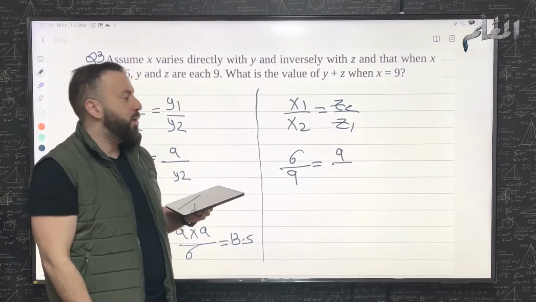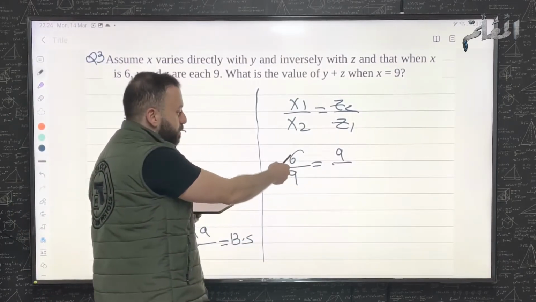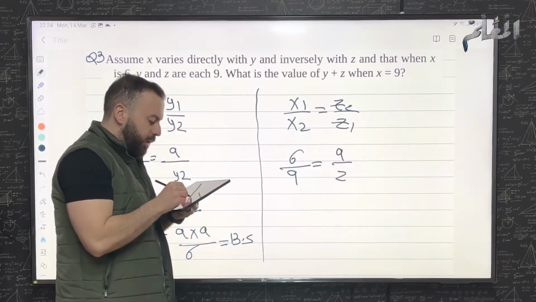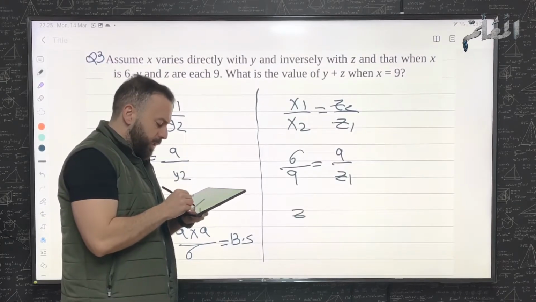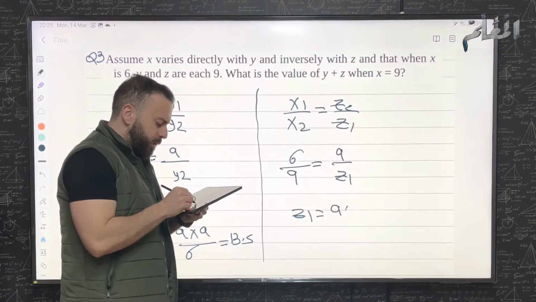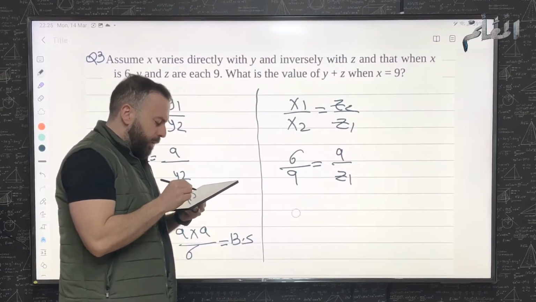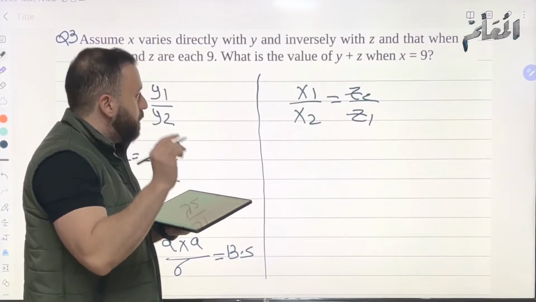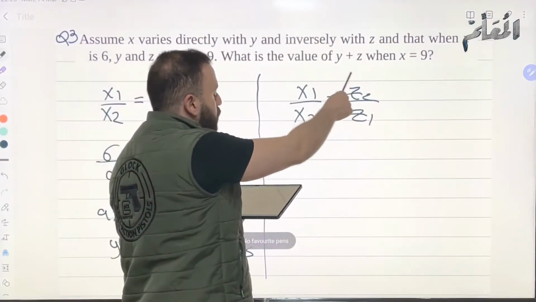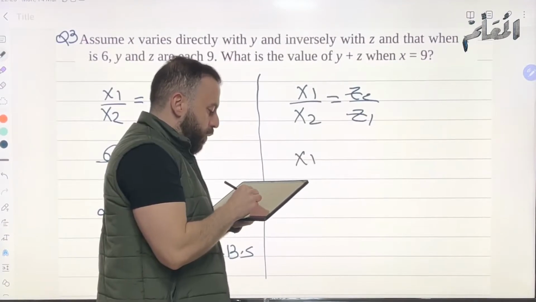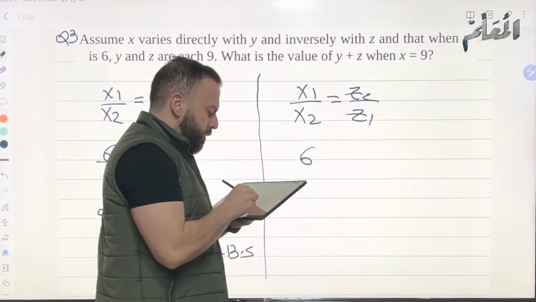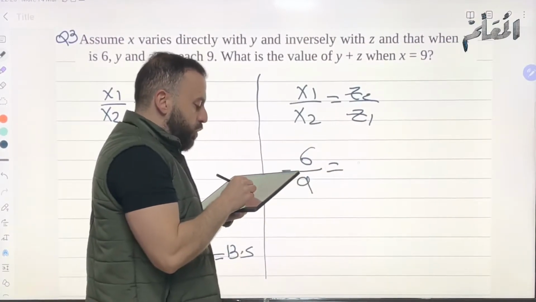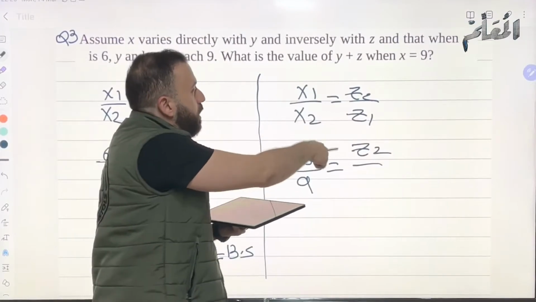Let me put in a cross multiplication. z2 is what I want to get here. So x1, which is 6 over 9, is equal to z2 over z1, and z1 is 9.